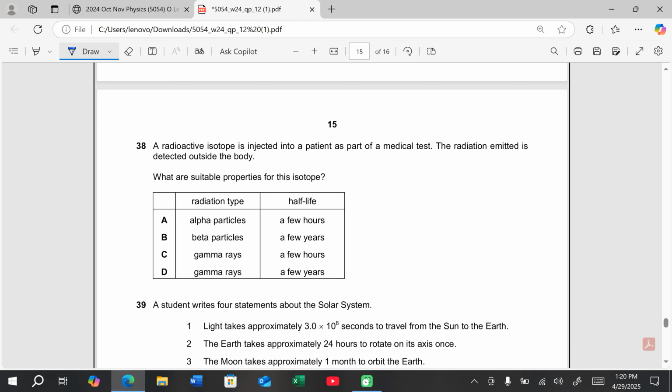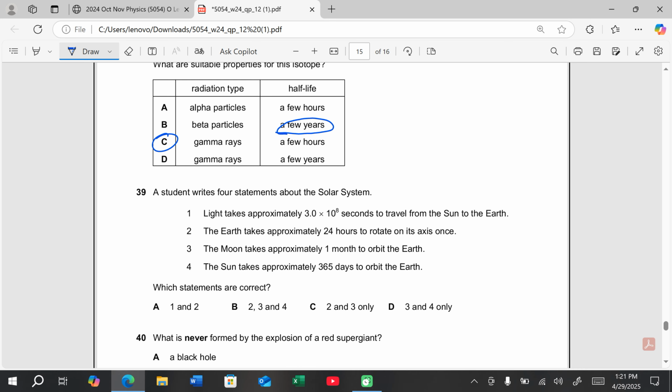Beta can penetrate, but since its half-life is a few years, it will remain in the body for a longer period. It should have a few hours of half-life, so that the radiation dies down very quickly and does not remain in the patient's body for long. So it should be gamma rays with a half-life of a few hours.